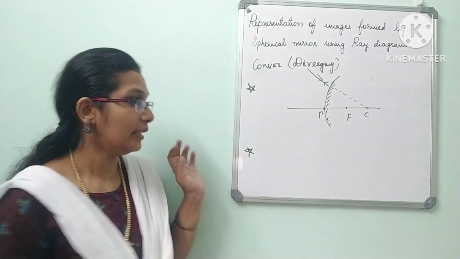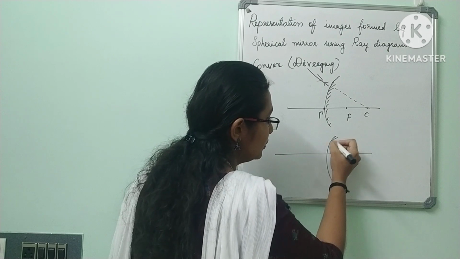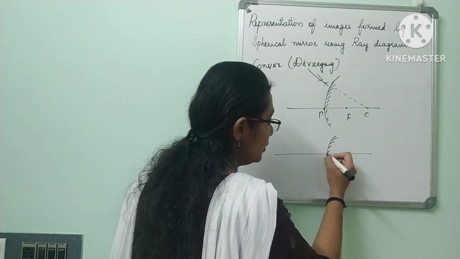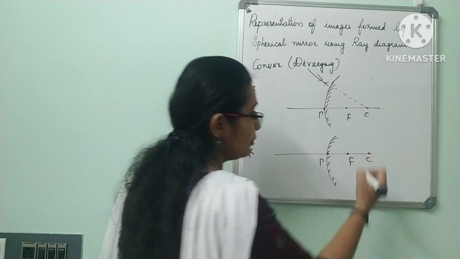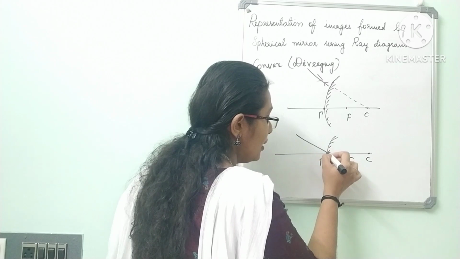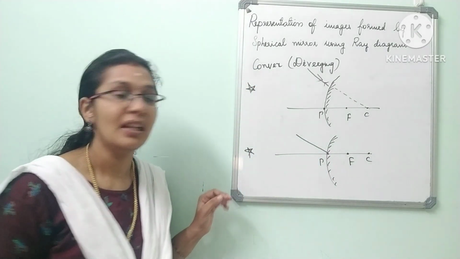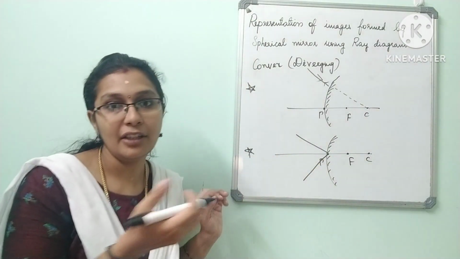You understand? Yes. And the fourth rule is, what is the fourth rule? A ray obliquely incident on the pole of the principal axis is reflected obliquely.